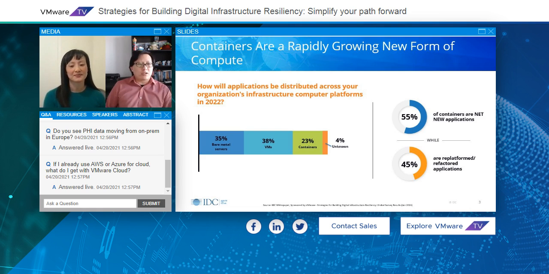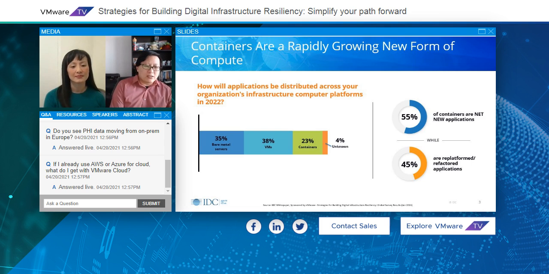We see on this bar chart here, the percentage of containers is already fairly sizable, but there's still bare metal and VMs. So it's largely a new type of compute, but the other ones are still around. So it's a pretty even mix.